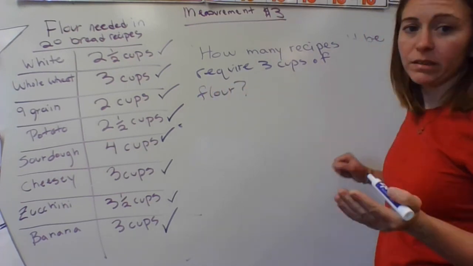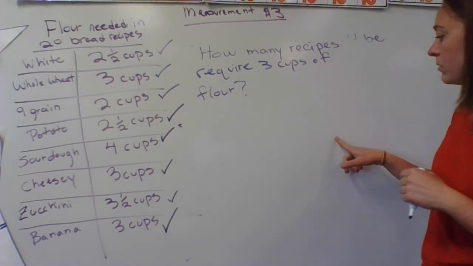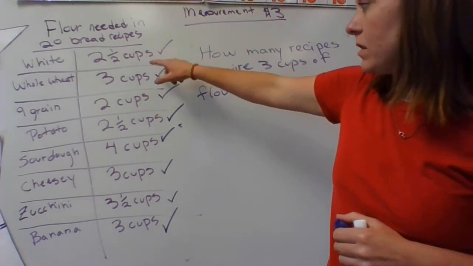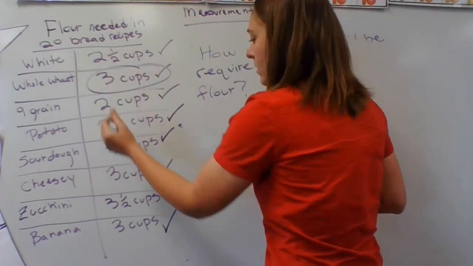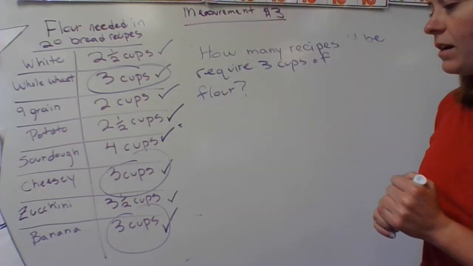And then, I don't have my line plot, I had to erase it, but you could go back into your line plot and you could go to the 3 and you could count. You could go 1, 2, 3, there were 3 X's. Or go back to your list and count, let's see, 1, 2, 3. So I would be able to answer it that way.